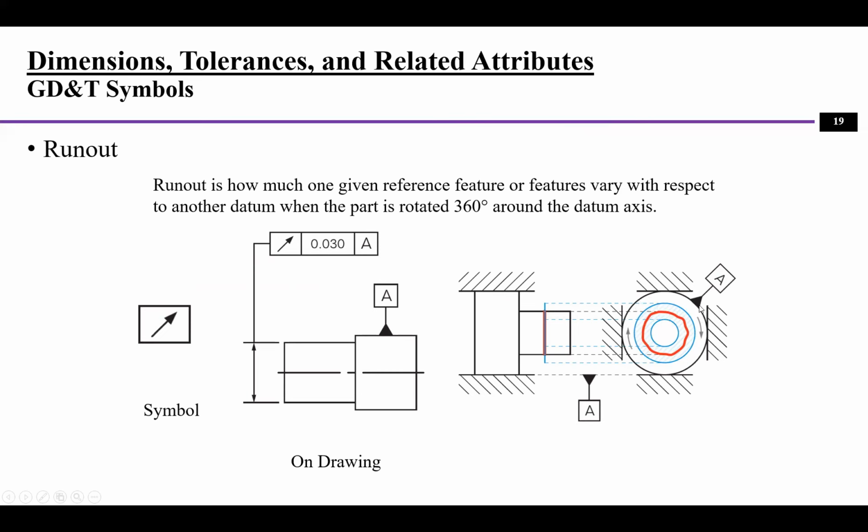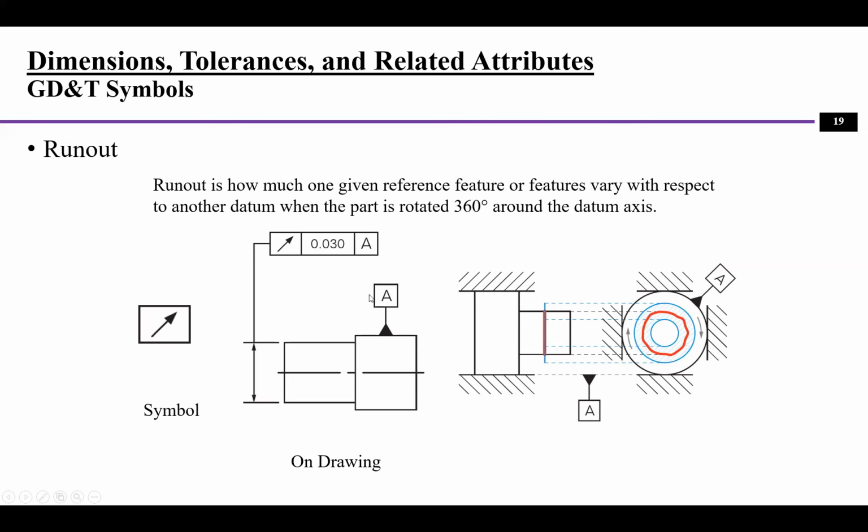For example, when we have this datum A here, and then when we turn around this whole part, because it's not 100% a true circle, there will be a little bit of ups and downs, and then what is this difference? This describes the runout.